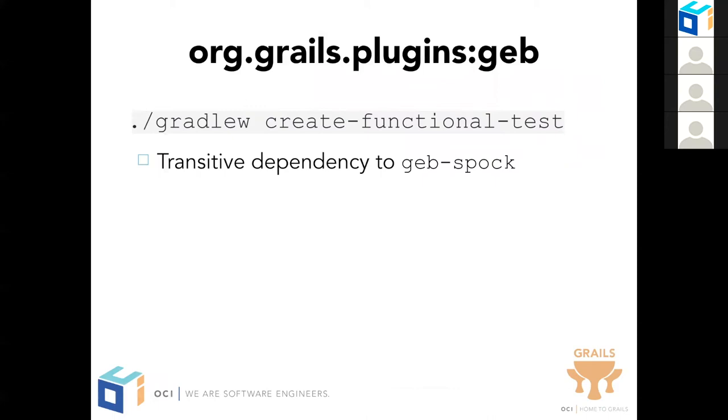Marcin already talked about Geb Spock, and it also ships with a Grails command. So you are able to run create-functional-test, and you will get a functional test in the folder src/integration-test. The test will extend the Geb spec and will be annotated with @Integration.